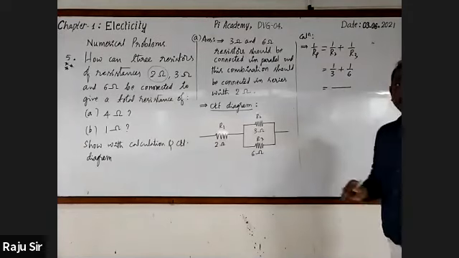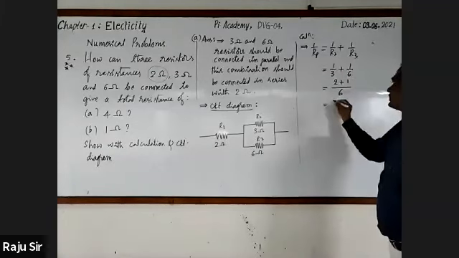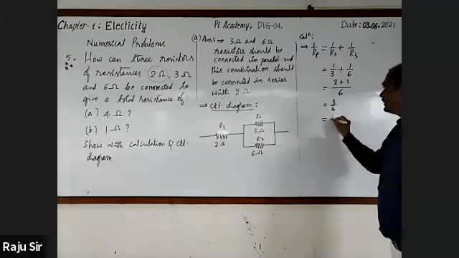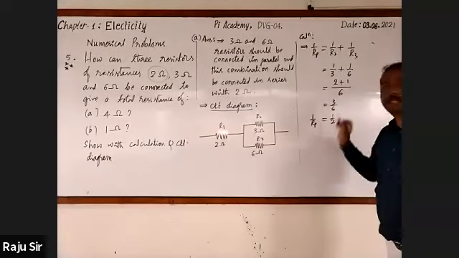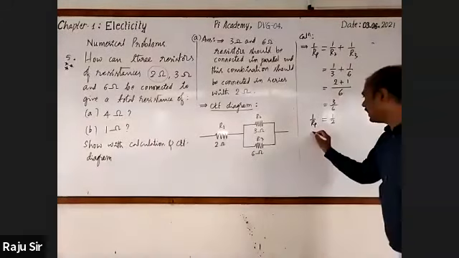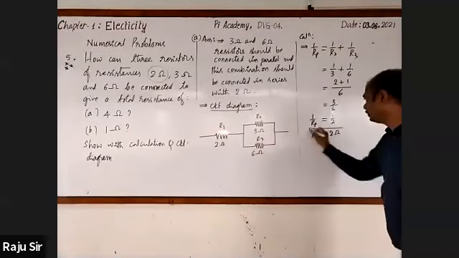Take LCM, LCM is 6. You will get 2 and 1. It is 3 by 6, which is nothing but 1 by 2. 1 by Rp is equal to 1 by 2. Then Rp is equal to 2 ohm.